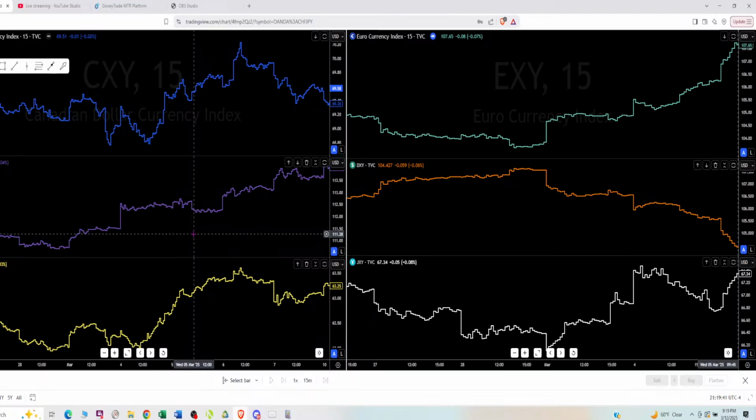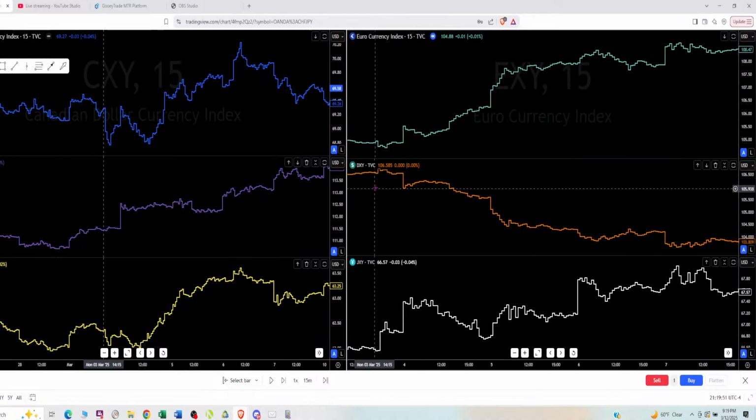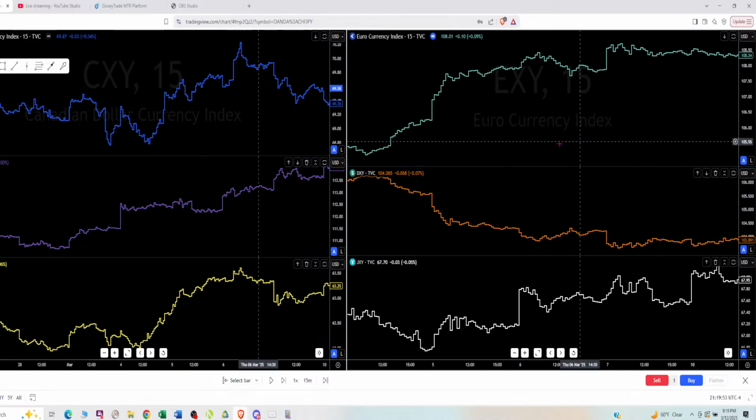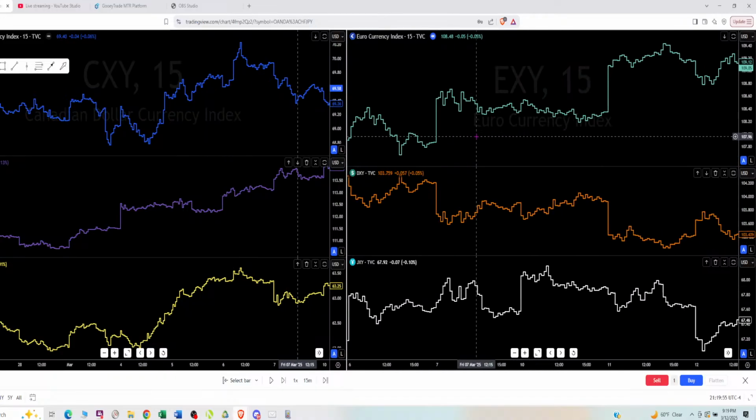But essentially, I'm just looking at these as being a nice way to look for a nice divergent trade, and you can do this pretty much every day.